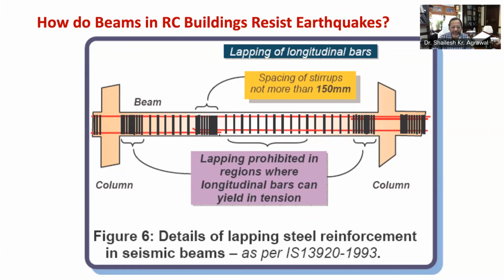Therefore, the ductile detailing code, that is IS 13920, prescribes that such laps of longitudinal bars, as shown in this figure, are made away from the face of the column, and not made at locations where they are likely to stretch by large amounts and yield, that means bottom bars at mid-length of the beam. Also, at the location of a lap, vertical stirrups should be provided at closer spacing as shown in this figure.